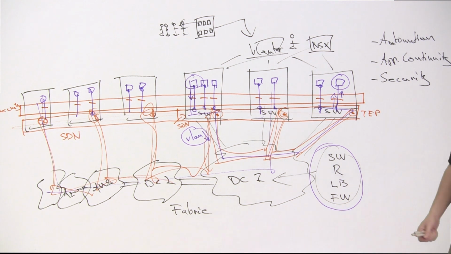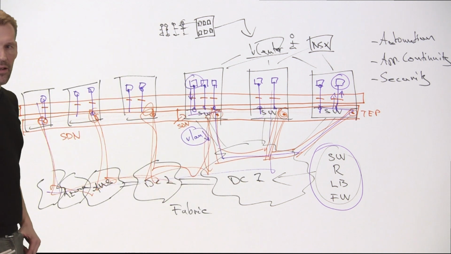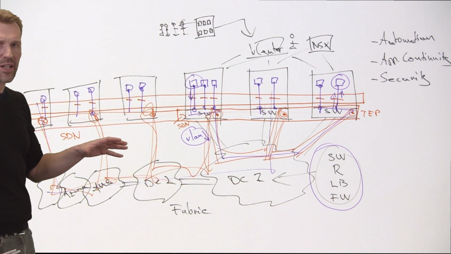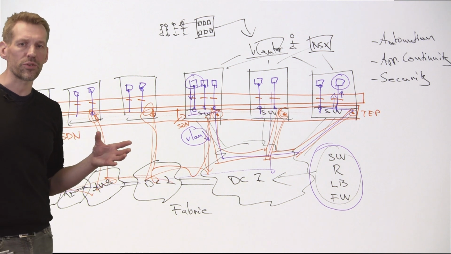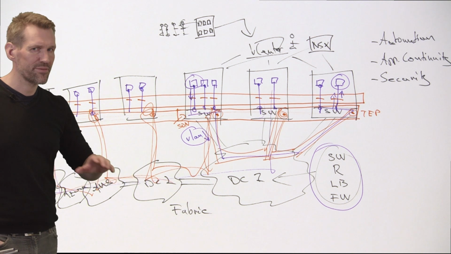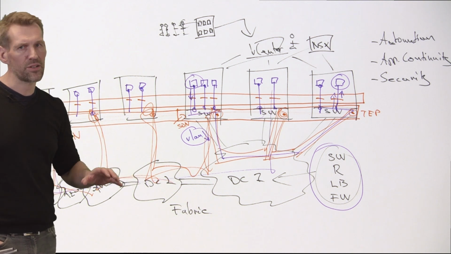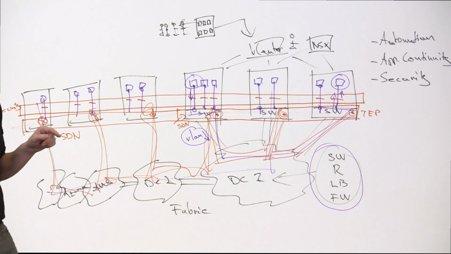So I step into the picture. SDN, you may look at it as a 3-layer approach. The fabric, that's a highway, fast, stable, low latency, low jitter, but it doesn't contain the logic. The logic is in the next layer here. So it's the SDN.